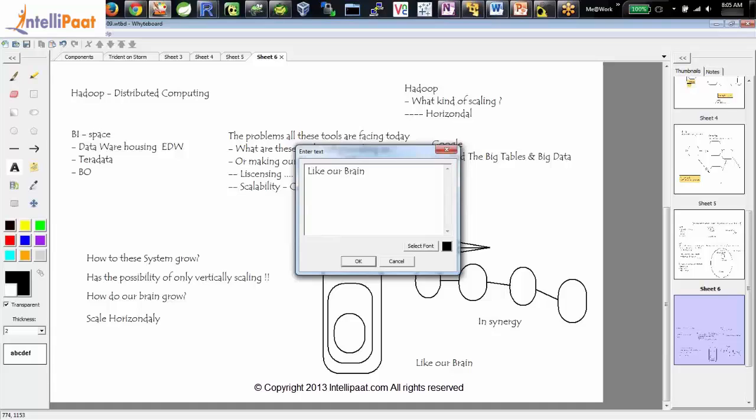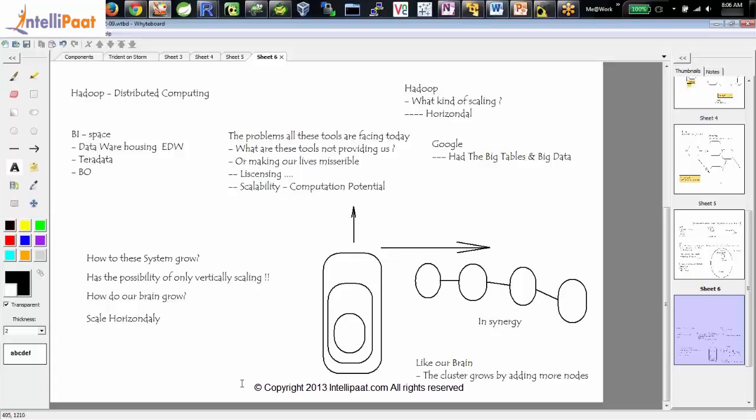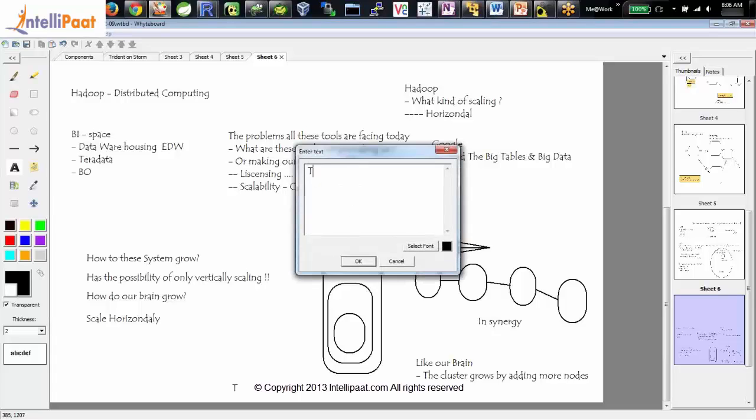Now let's talk about things that we know. The cluster grows by adding more nodes. Here it is horizontal.